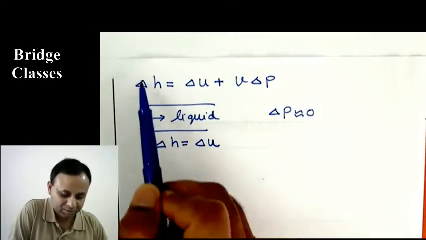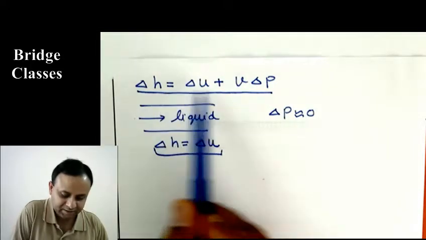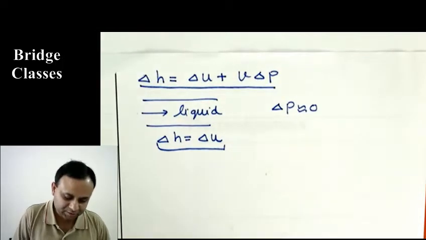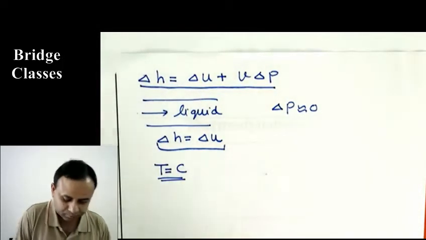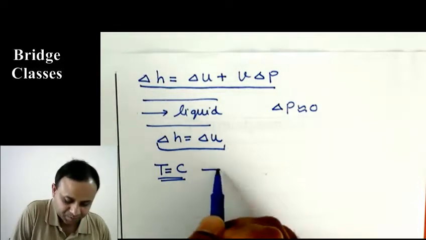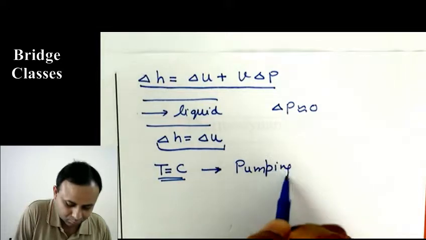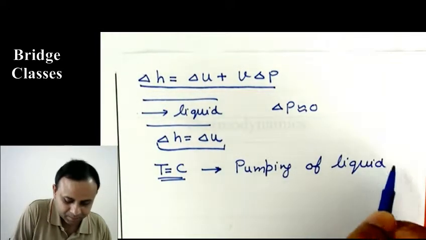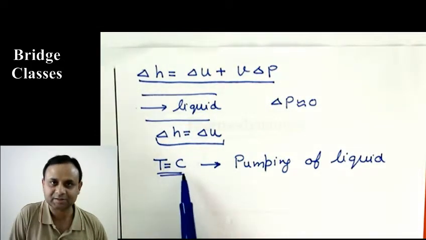Okay, so you have to just remember this expression. This one is a special case of that, when pressure is constant. Or other possibilities could be when, say, temperature is constant, and this happens when we pump a liquid. So liquid passes through a pump, and in a pump there is negligible change in temperature.